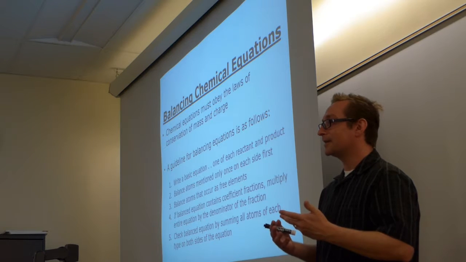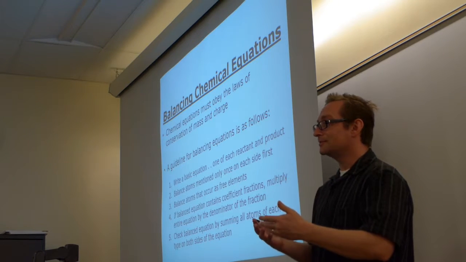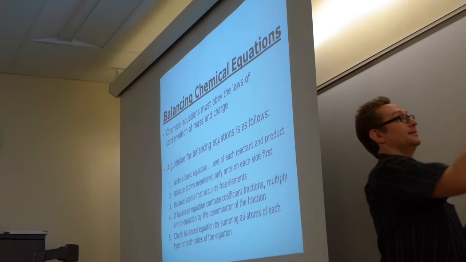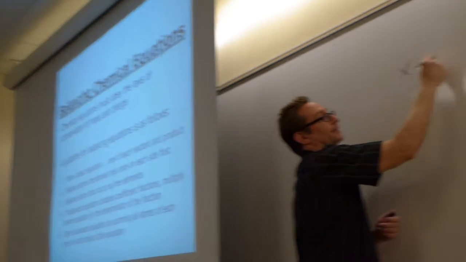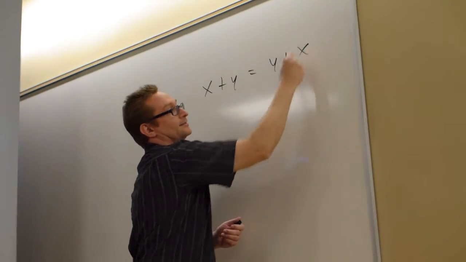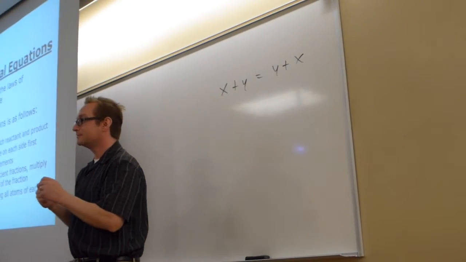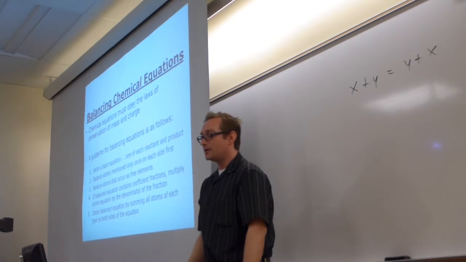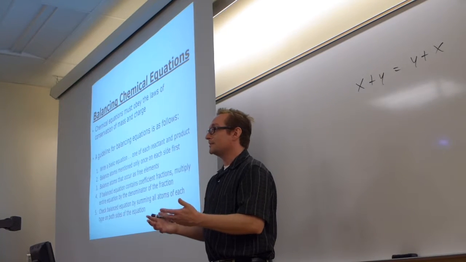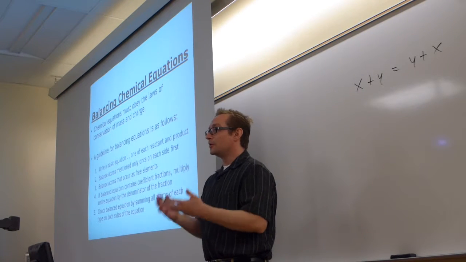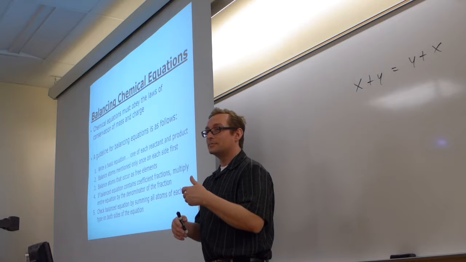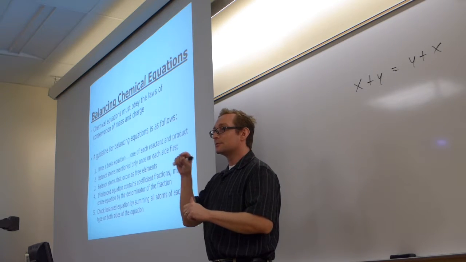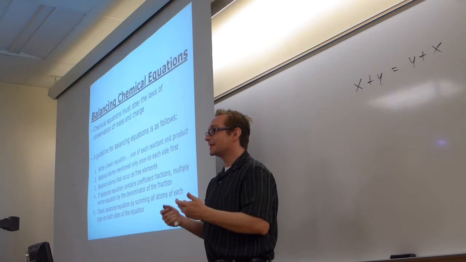The answer is no. A chemical equation is just that, an equation. It's the same thing as saying x plus y is equal to y plus x. That's a mathematical statement. They call them chemical equations because they really are mathematical statements of the chemistry. If you look at old publications in chemistry journals, sometimes you'll see equal signs instead of an arrow. Kind of interesting.